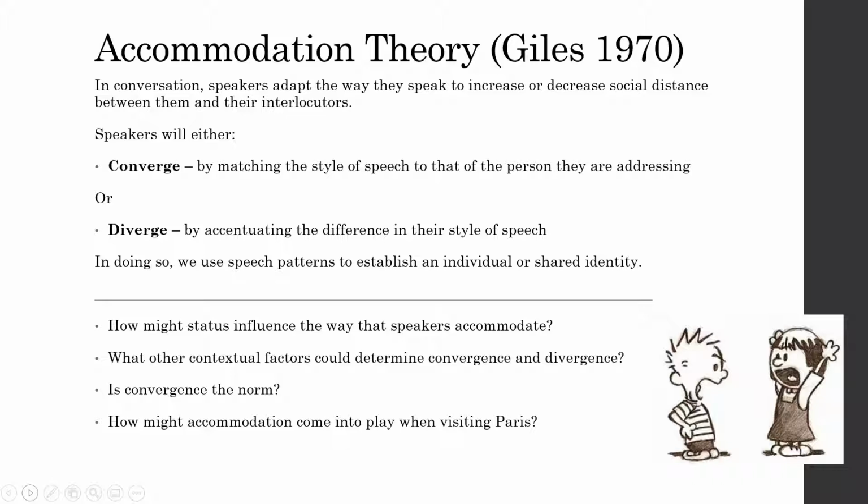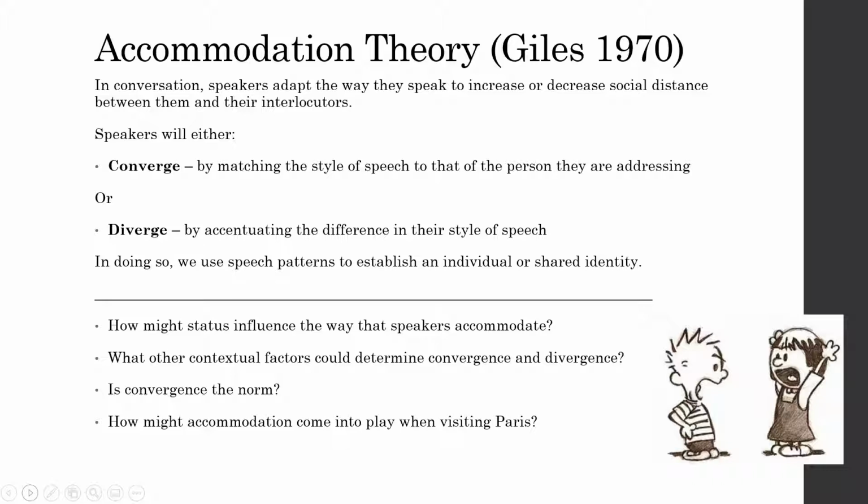Mostly, we seek to decrease social distance. We seek to build relationships through conversation and speech, and so we converge. We match the way that we speak to the way that the person we're speaking to uses language. There are occasions, however, where we choose to perhaps assert our individuality or our own identity as a means of perhaps increasing social distance.